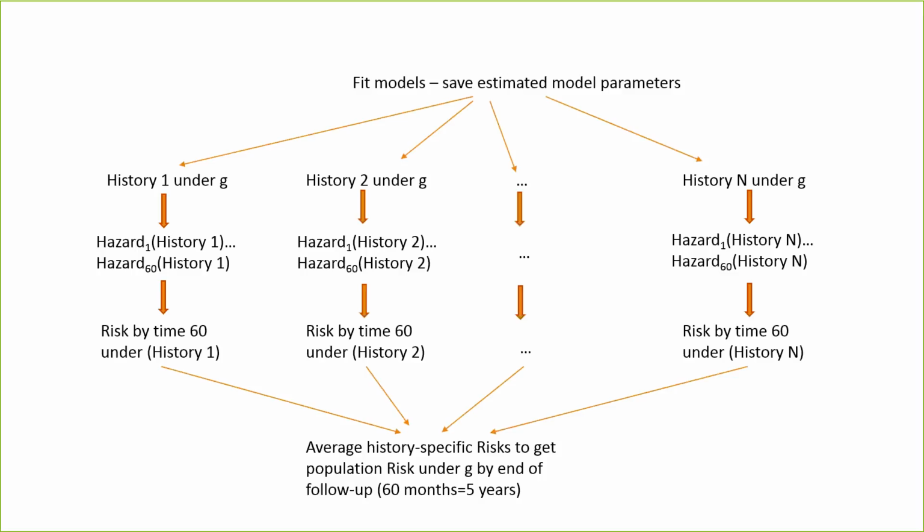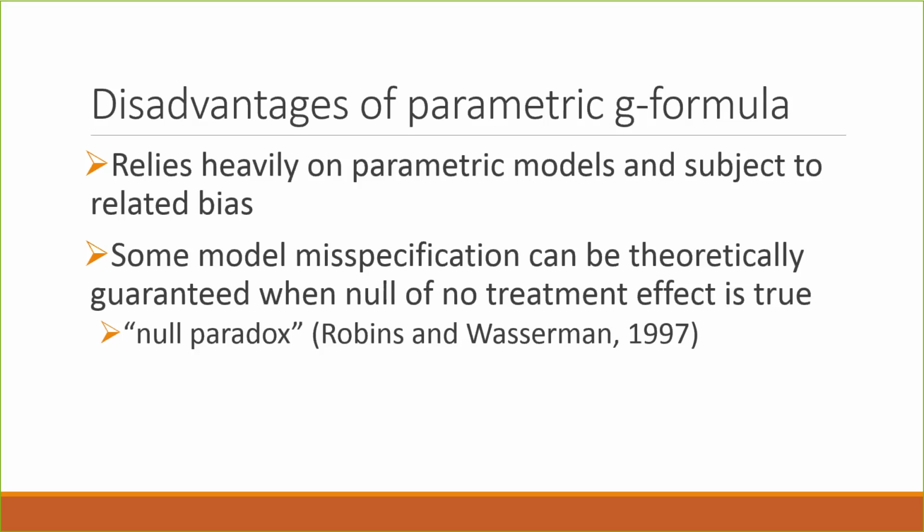So again, whether by models or by knowledge, we get these n histories. We've got 60 hazards for each history. We put them together by a 1 minus Kaplan-Meier computation to get risk for each of the n histories, and then we take an average to get the final risk estimate.